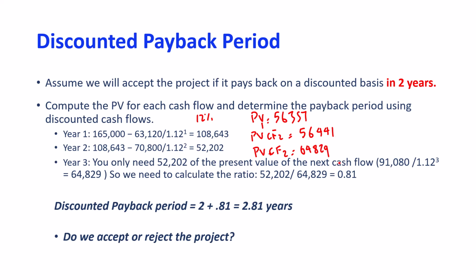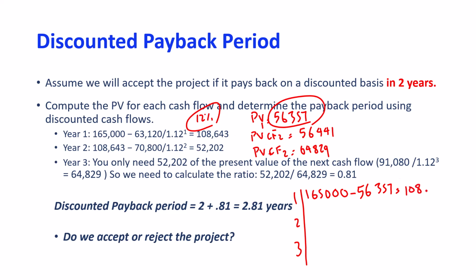Now that we have the present value of each cash flow based on the firm's discount rate, we are going to subtract them from the cost of the project. So 165,000. This is for year 1, 2, 3. 165,000 minus the present value of year 1 cash flow, 56,357, gives you 108,643.